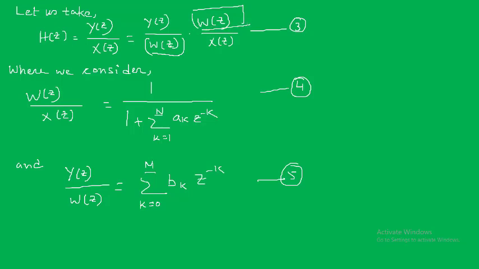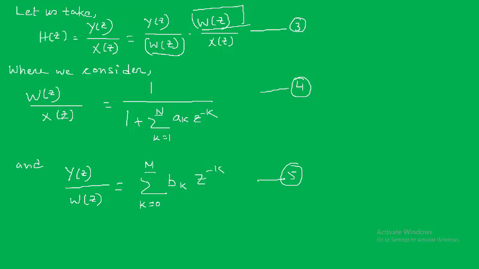Earlier we defined w of n; here we define its z transform version. In the numerator and denominator we multiply by the same thing, so the meaning remains the same.